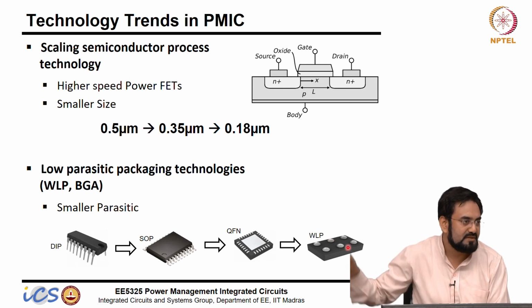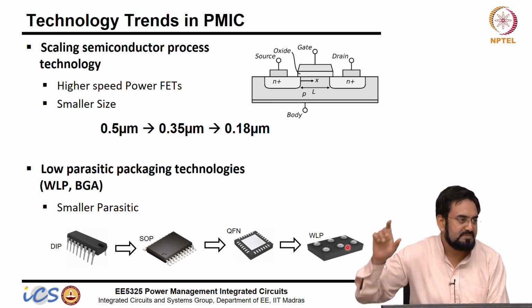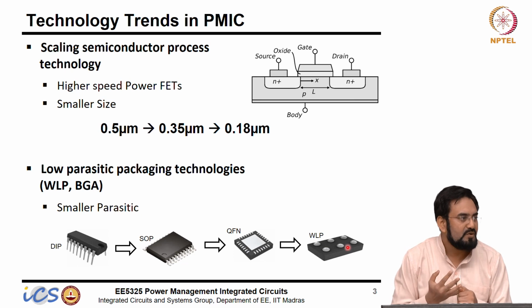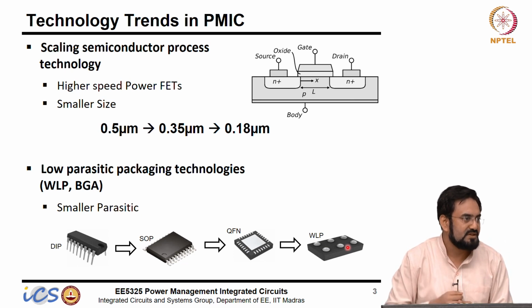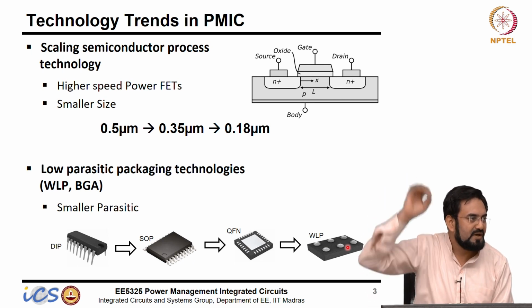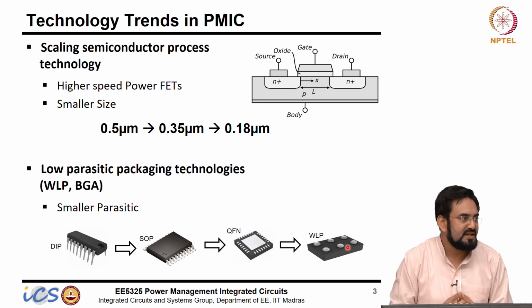So think about you have these power FETs, and these power FETs are connected to ground and VDD. I don't want to add any inductor in series, because these are carrying very high switching current, and current is rising from 0 to a few amps within no time. So your L di/dt noise will increase if you have any series inductor there, and that will kill everything actually.